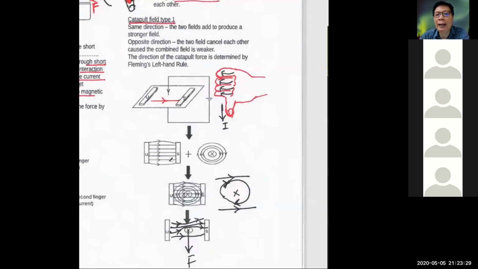Another magnetic field comes from this wire carrying current coming down, right? When current comes down, you remember to use your right hand grip rule from the last lesson. You use your right hand to grip the wire. You notice that the thumb points down, following the current because the current goes down.